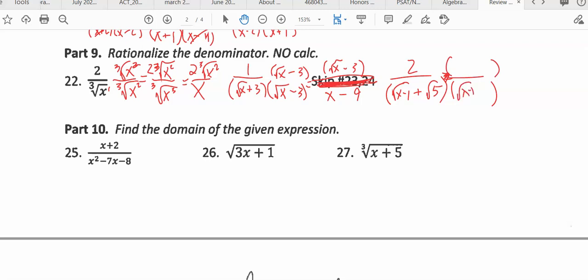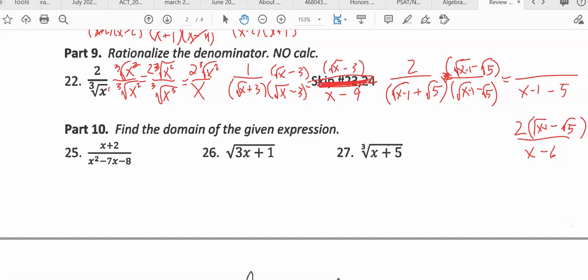I'm not changing the sign inside of there, changing the sign in between the two terms. So neither of the two terms actually change. That's all under the radical, minus square root of 5. Okay, so in the denominator, you're going to have x minus 1 minus 5. Or in other words, the denominator is going to be x minus 6. Numerator is just going to be 2 times square root of x minus 1 minus square root of 5. That would be fine to leave it like that.